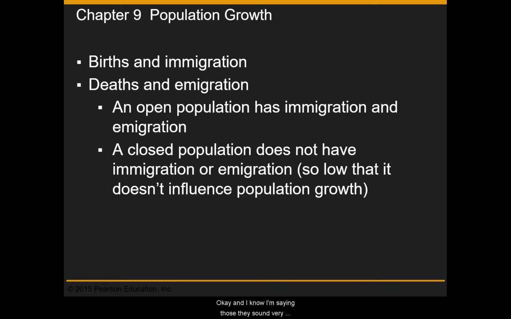I know those sound very different, and you should know that for the test. Immigration with an I is organisms coming in, like entering, like in, and emigration with an E is organisms exiting.